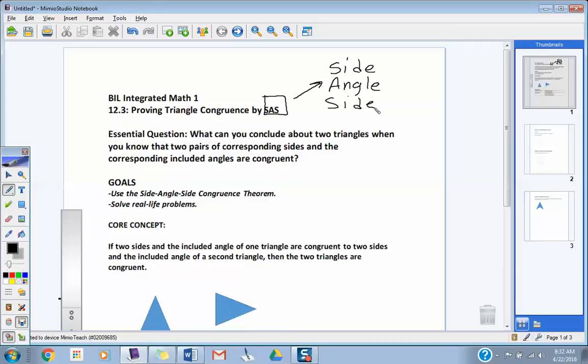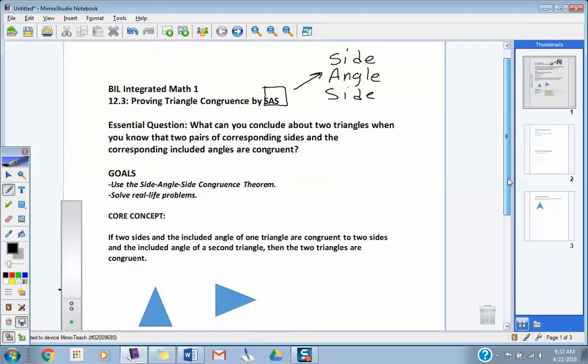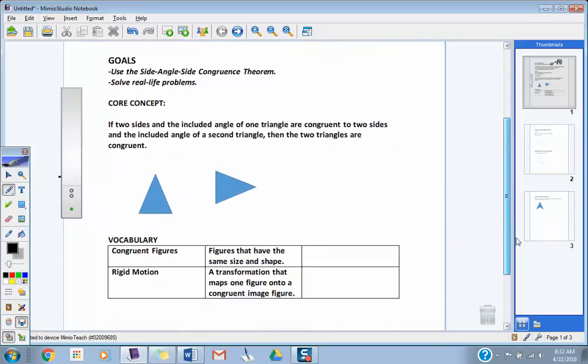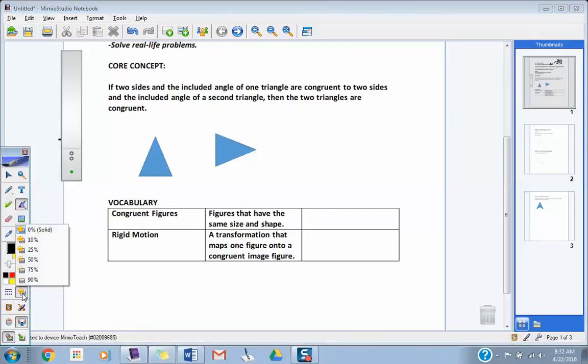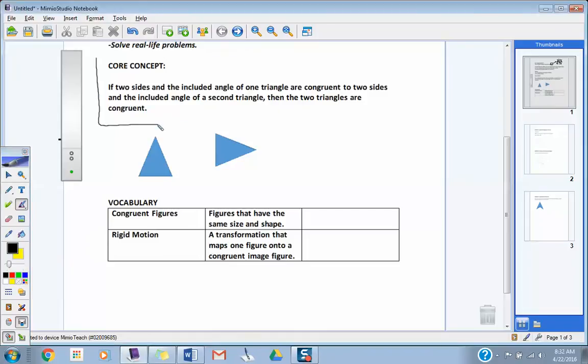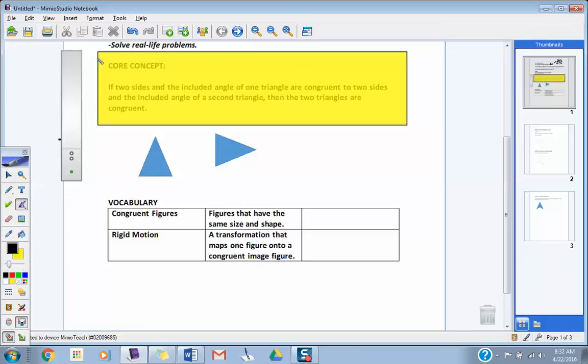Honestly, this section is pretty darn short today. Here's what side angle side says about triangles. This core concept really is our big idea today.